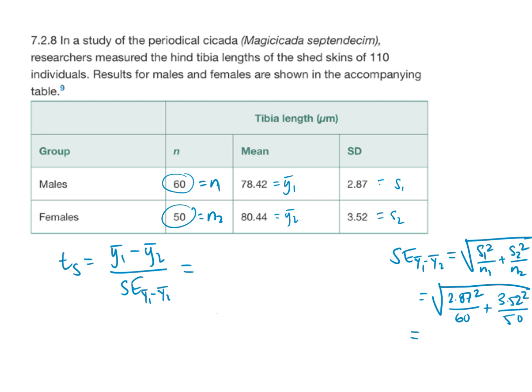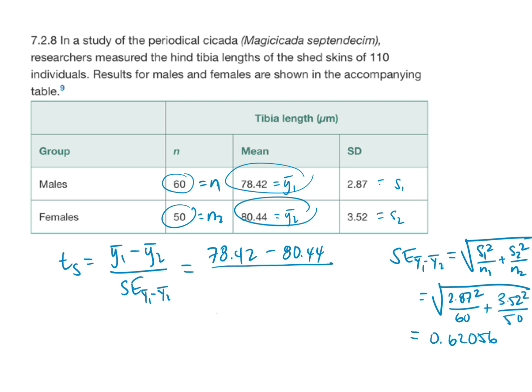And my calculations tell me that that is 0.62056. So now we have what we need to actually compute the test statistic, which looks like 78.42, that's from here, minus 80.44, divided by this 0.62056, and that comes out to minus 3.26. So we have the value of the test statistic.